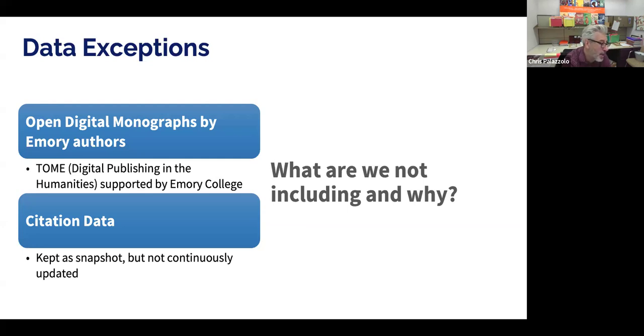So for right now, we're not looking at how much our authors publishing Gold Open Access are being cited, although it's a very interesting discussion about whether or not those are getting more citations and in what fields and so forth. There are a lot of ideas around trying to manage that and actually normalize those patterns, so we look at that in a different data set at a different time.